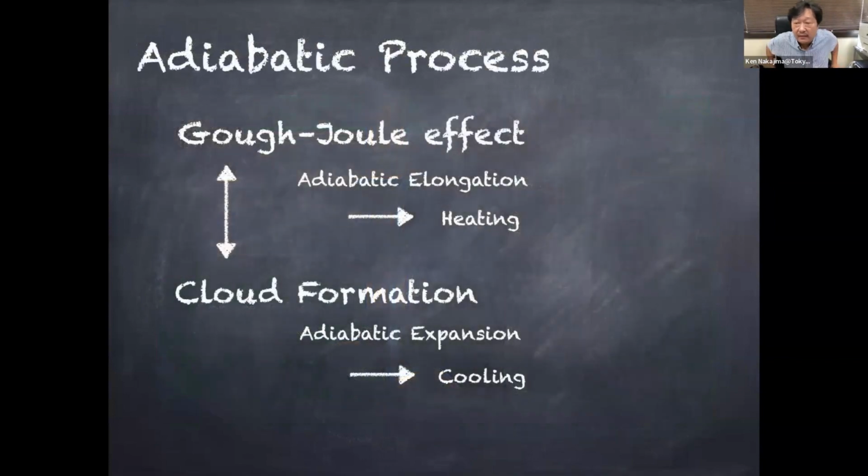Now, I want to compare these two different phenomena. The Gough-Joule effect is an adiabatic elongation. Why do I say adiabatic? This is simply because we did this quickly, and also we did this quickly. So this can be called an adiabatic process.